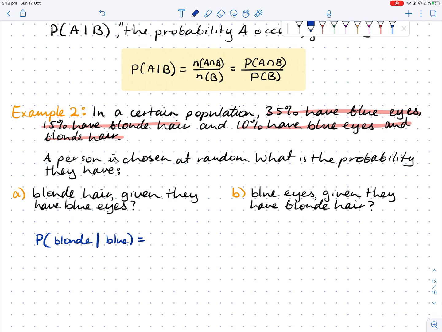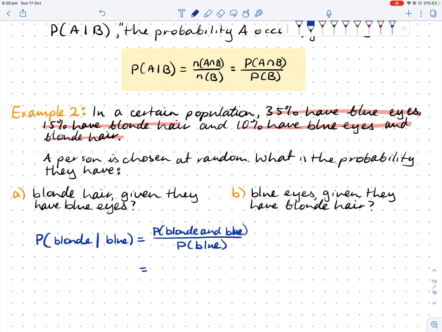So what that means is if we were to follow this formula here, because these are percentages, we could treat them as probabilities. So we're looking at the probability of getting both of them over the probability of B happening. That would be the probability of blonde and blue, if you want, you can use the intersection symbol there, over the probability that they have blue eyes.